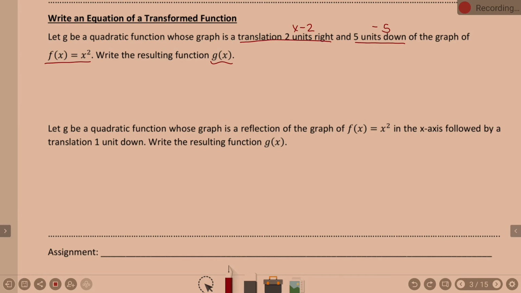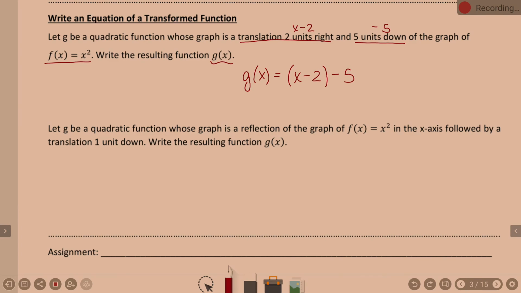Okay, so we've put that into equation form. It tells us to write the resulting function g of x. All that's saying is start with g of x instead of f of x. Okay, thoughts of what we want to write specifically? You've got all the pieces, it's how do we put them together? Parentheses x minus 2, then what'd you say? Parentheses, minus 1.